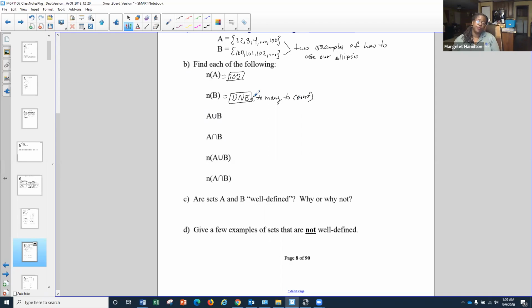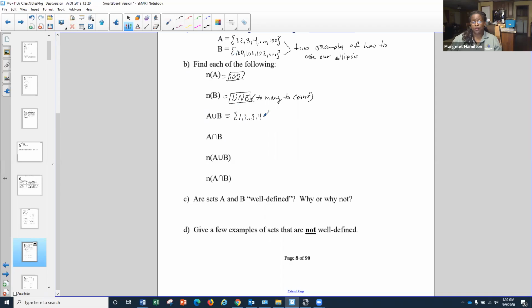Then here we are using our symbols again. They want us to union these two sets together. So A union B. Think about it now. Our A is 1 through 100. Our B is 100 on to wherever. So if we're going to union these two things together, we would have starting at 1, 2, 3, 4. And then where is it going? It's going on forever.